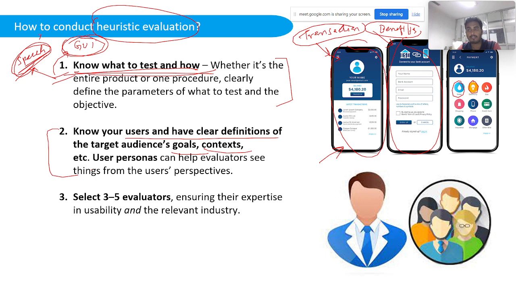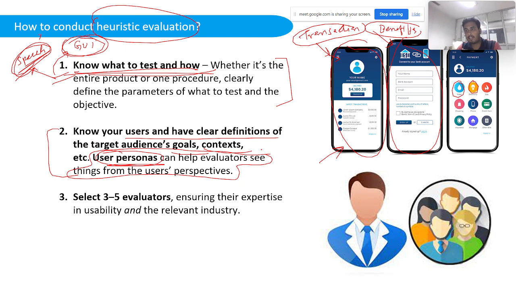So during your contextual inquiry, you might have generated data on people, and you might have created user personas. That user persona information might be useful, and you can provide those user persona details to the experts to understand from whose perspective they need to actually evaluate the system.